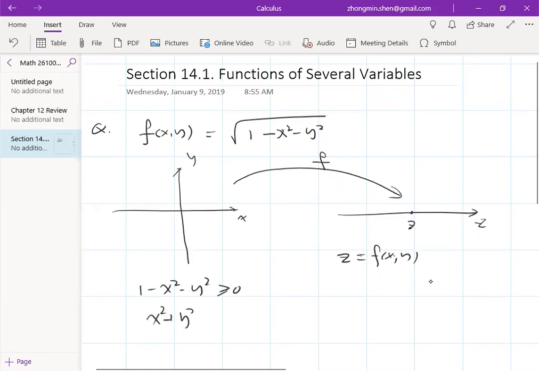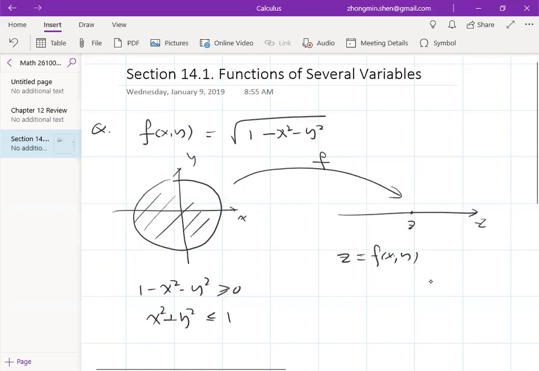And we will get this inequality: x squared plus y squared less than or equal to 1, which is a disk with radius 1. So any point in this disk can be sent to some number here.